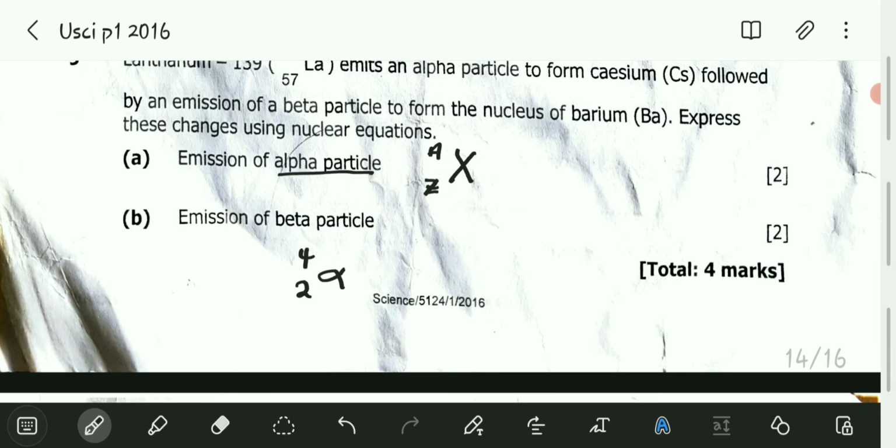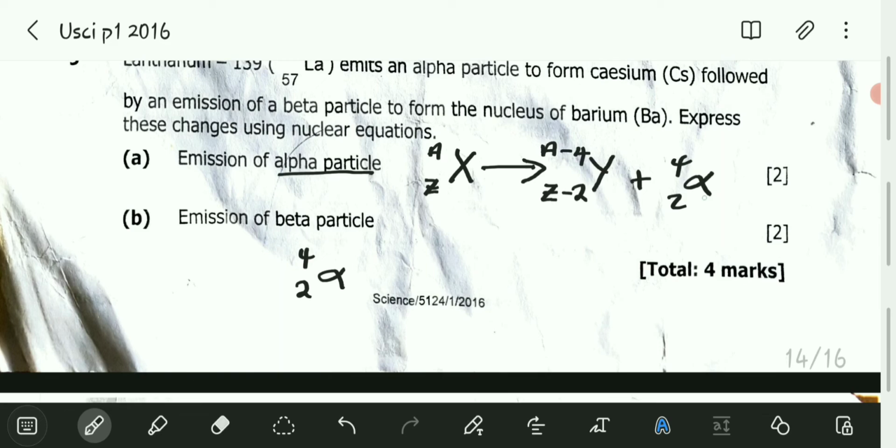So what happens is that when this decays, it forms what is called a daughter nucleus or a daughter nuclide. This daughter may be denoted by Y because we don't know the symbol. The daughter will have 2 protons less than the parent, so it will be Z minus 2, and it will have a mass of 4 less than the parent, so A minus 4, plus our alpha particle.